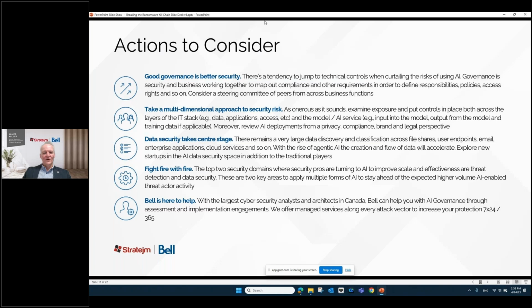So with that real world example, what are the actions you need to consider, especially if you're doing this all in-house? Well, always have proper governance.